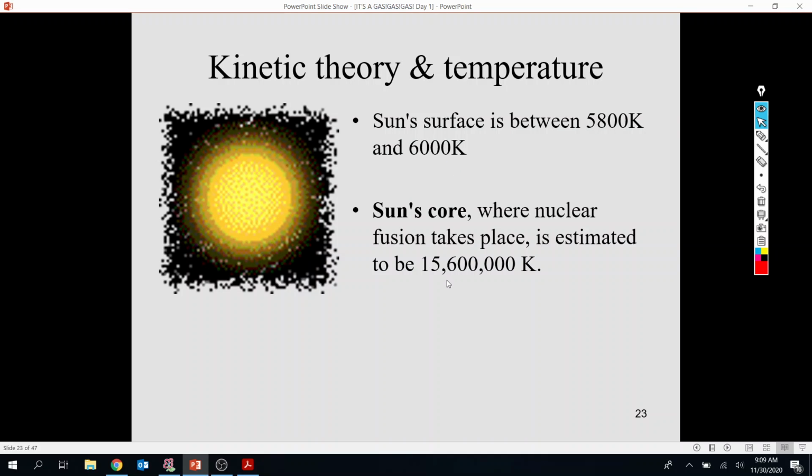The core is in excess of 15,600,000. I mean, wow. That is just super hot. That is hotter than the inside of your car on an East Texas summer day. That is just mind-boggling. So there is no theoretical upper limit.